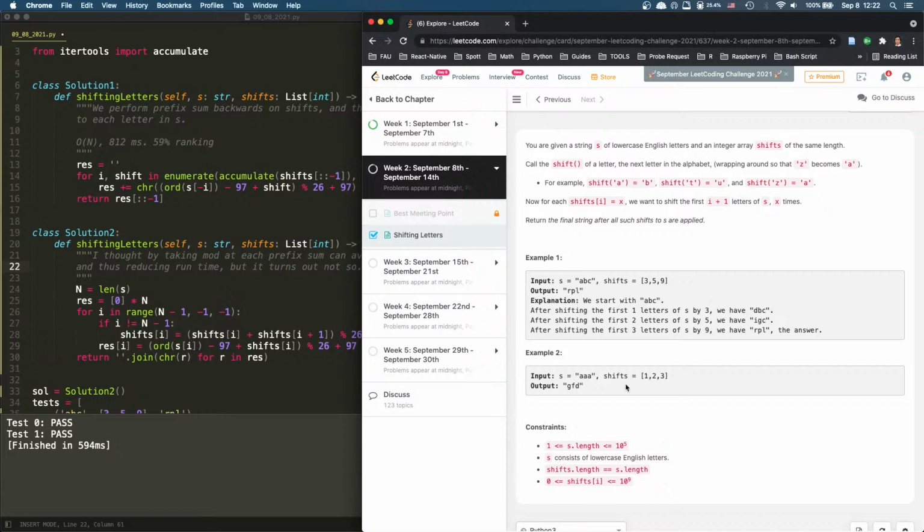But mod is already fast, right? By the cumulative sum, we know how many times to shift each one, and I would perform a bunch of operations to determine what the final result is. How could this be faster?